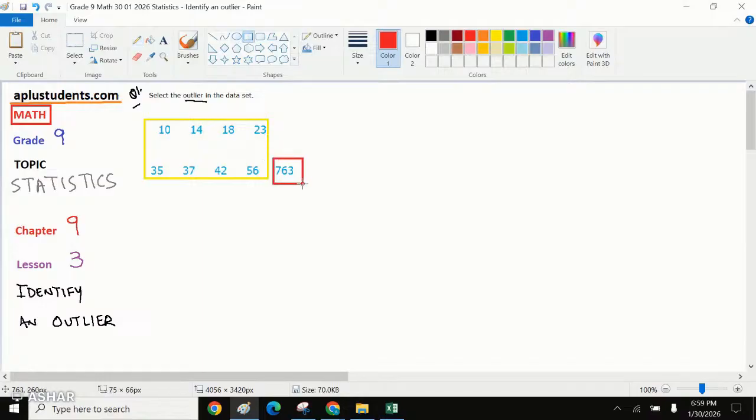But what we see over here is we have another number that is 763. 763 is not anywhere near the other numbers, right? So we say that an outlier is an extreme value.